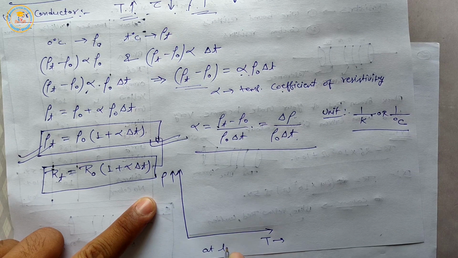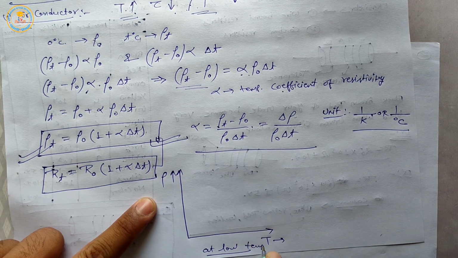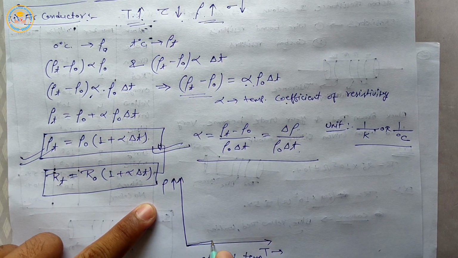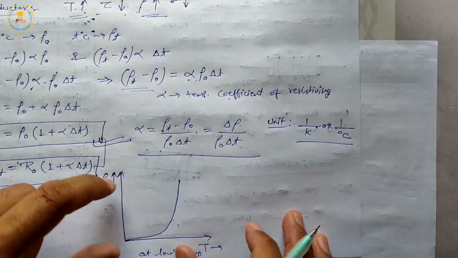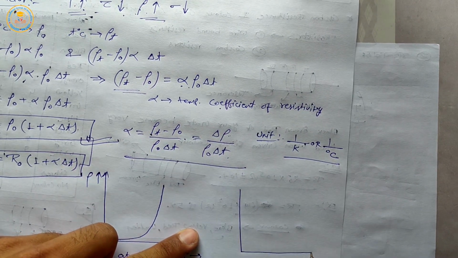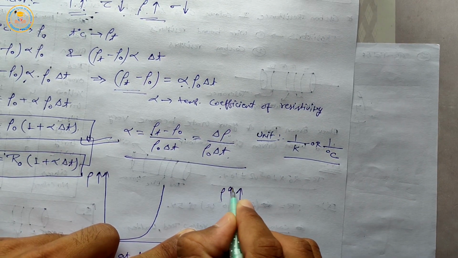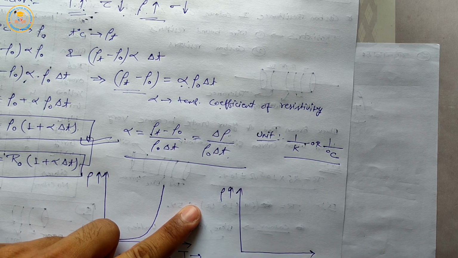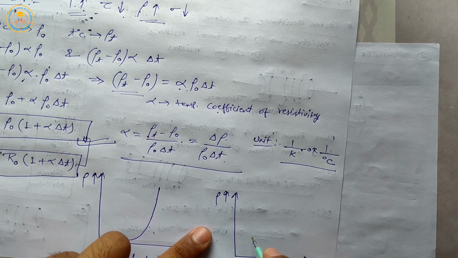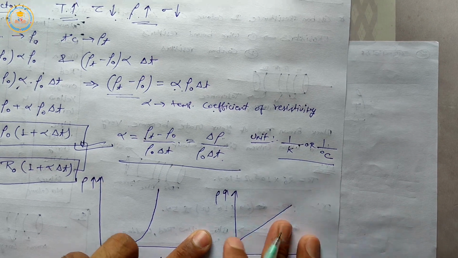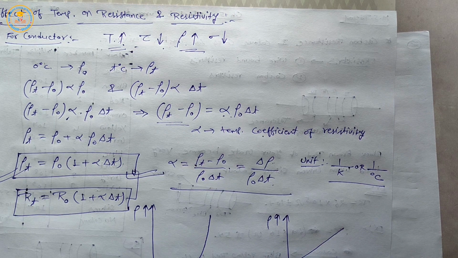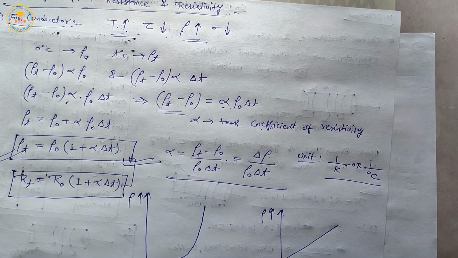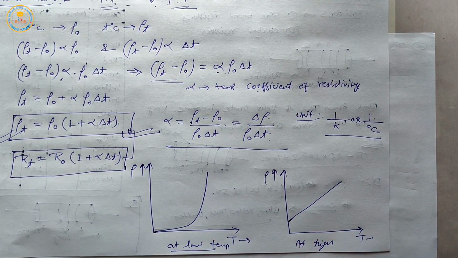For low temperature the graph is represented like this, and for high temperature it is represented like this, with rho on one axis and T on the other. From this graph we see that if we increase the temperature, then the resistivity of a conductor will increase.